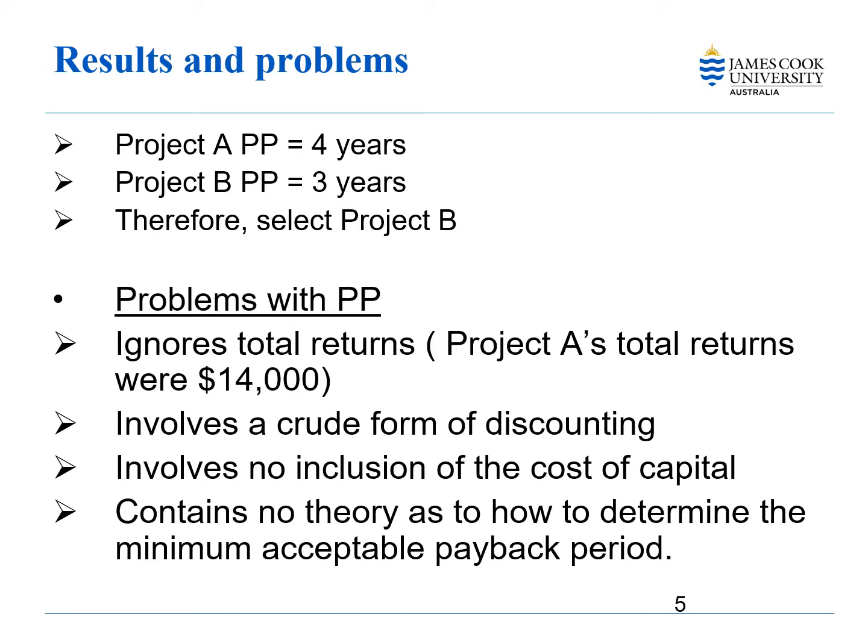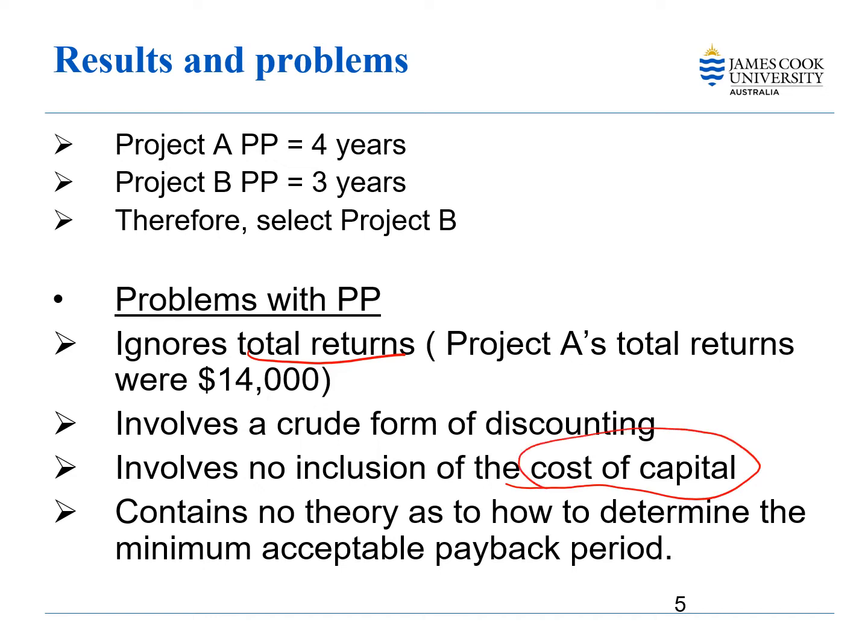So here's the problem with the payback period decision rule. First, it ignores total returns, as we see in the example. Second, there is no discounting at all, or only a very crude form of discounting, and it does not sufficiently include the cost of capital.